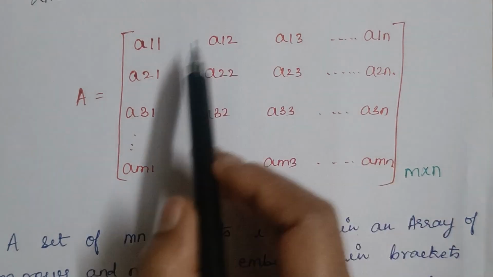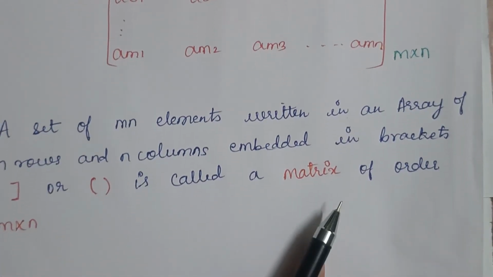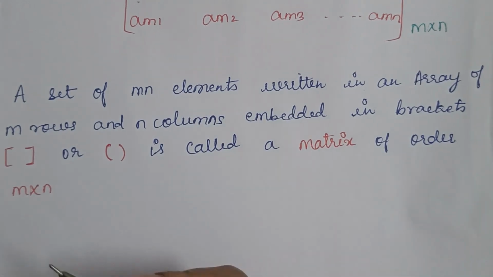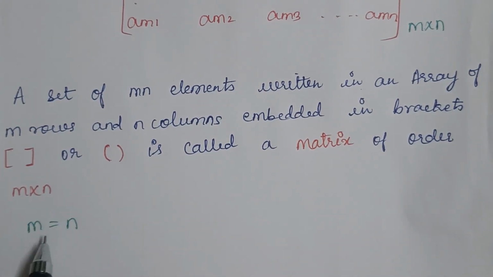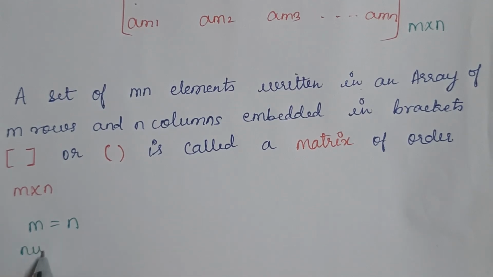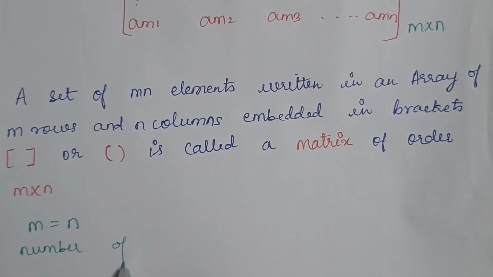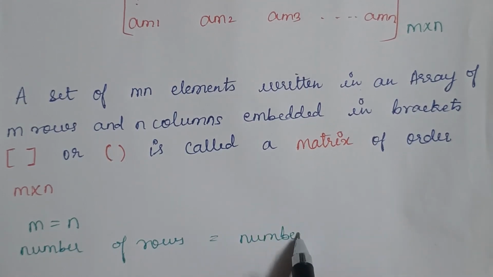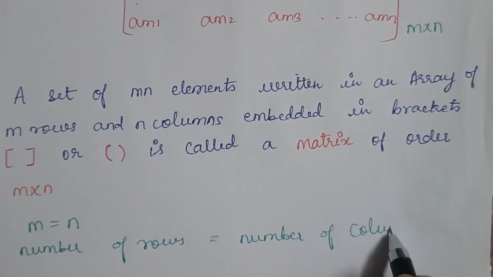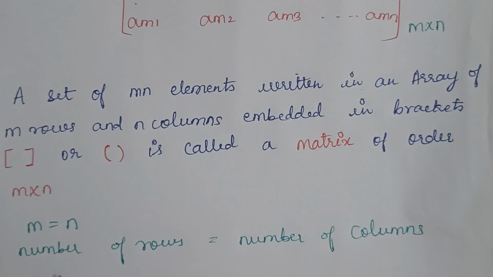I hope you understood what a matrix is. Also, we have a few more cases here. Consider one scenario wherein m is equal to n, that means the number of rows is equal to the number of columns. So here it becomes what?